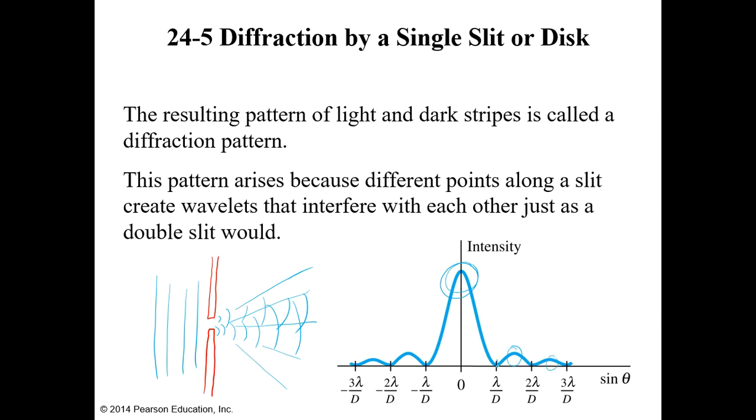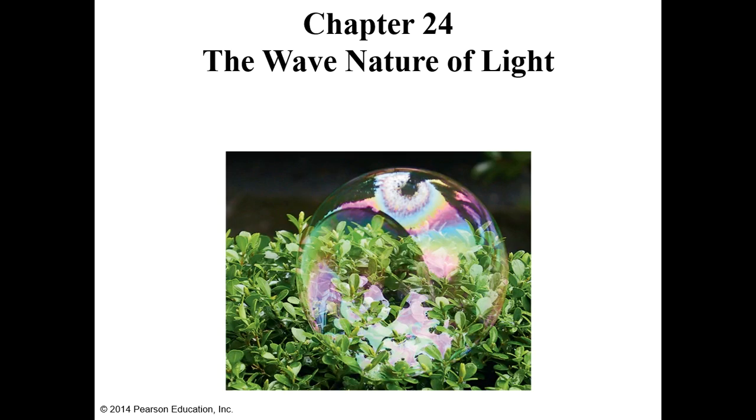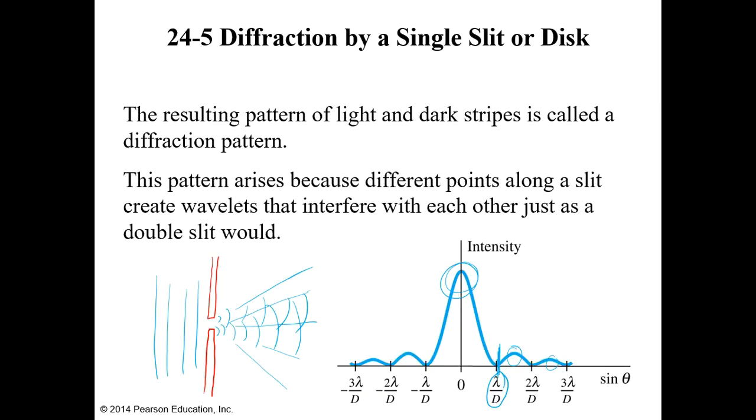Now notice that the first dark spot, the first area of destructive interference, is at a distance of lambda over d, where d is the diameter or the width of the slit. And the x-axis here is sine theta.